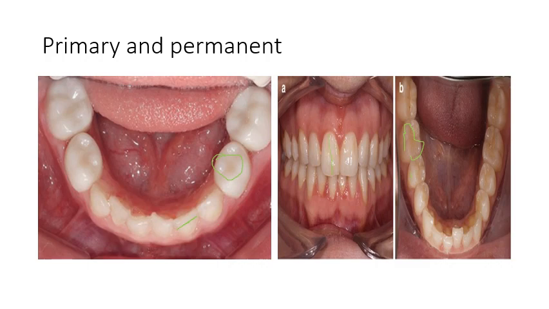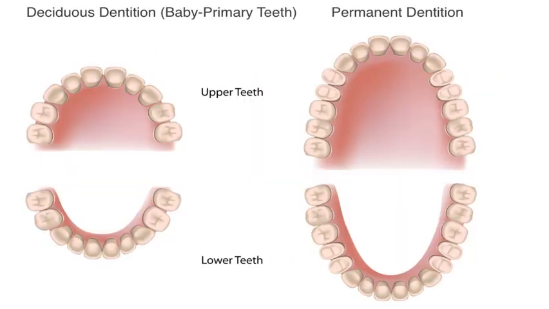Here the length is short and the mesiodistal dimension is more in the primary teeth. Here we can see the cervical constriction, it is more constricted, and it will be more obvious in the root diagram, right?